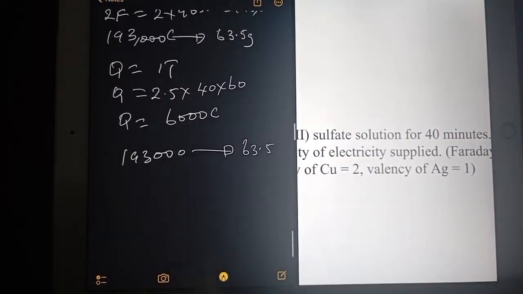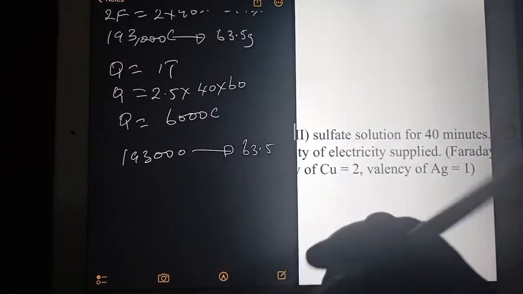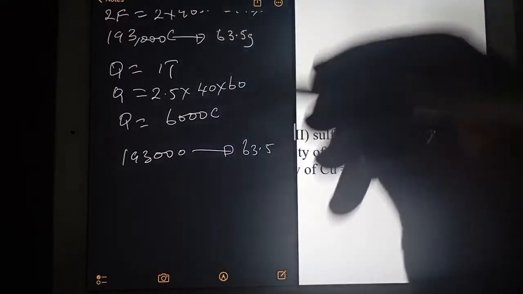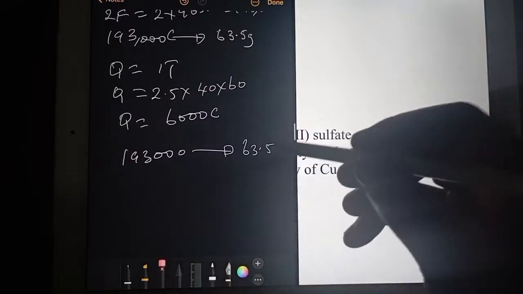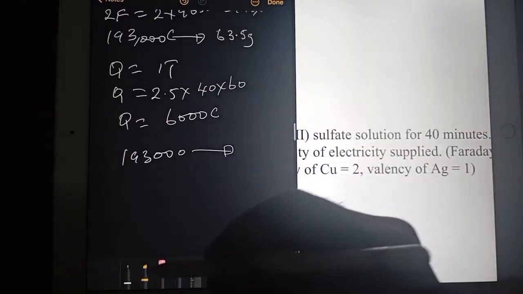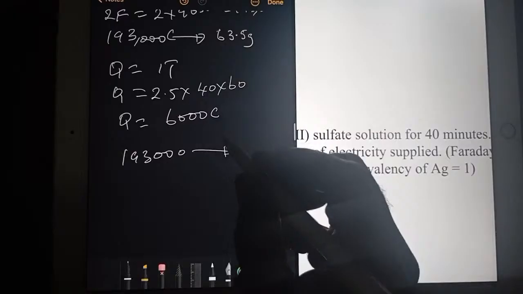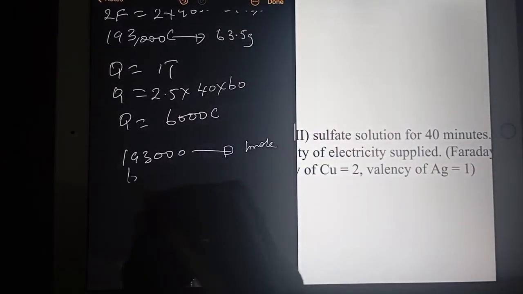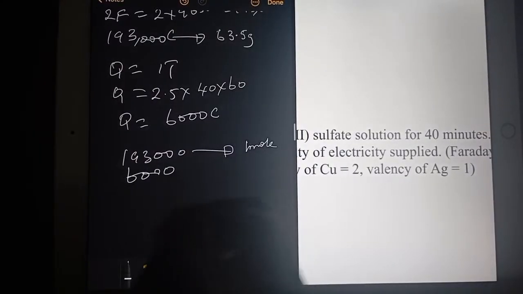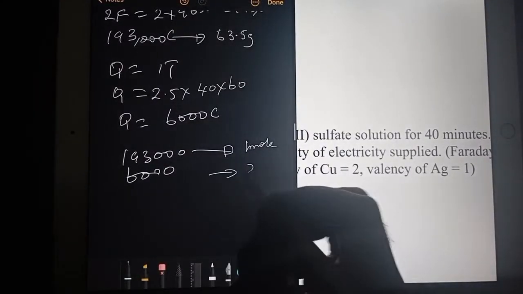193,000 was able to discharge 63.5 grams, or 1 mole of copper. You can change this mass here to mole, so let's go with mole so that it will be easy. This implies that 193,000 will discharge 1 mole of copper, such that 6,000 will now discharge how many moles?